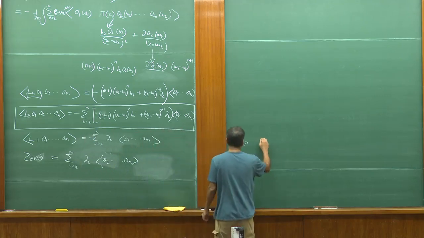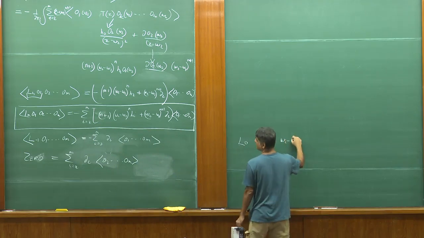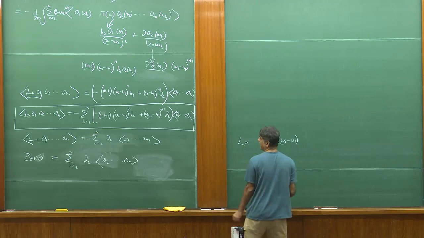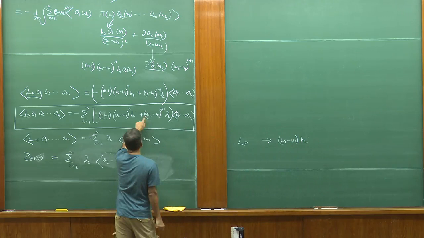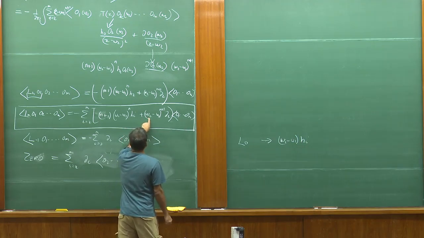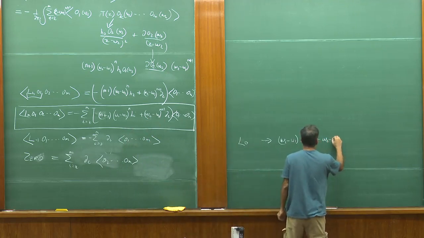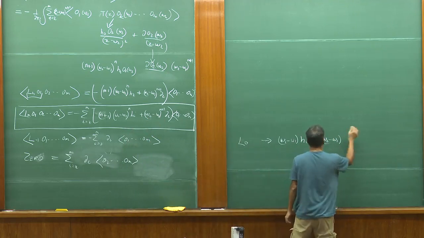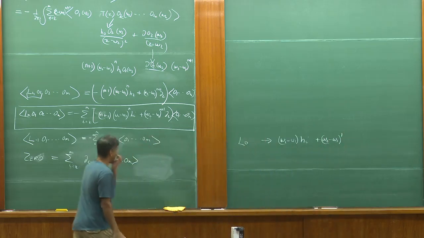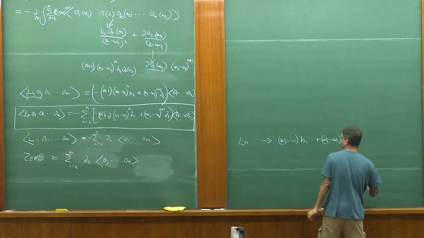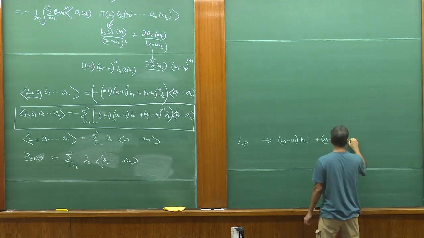So the operator becomes omega I minus omega 1 to the power 1 times h I, plus omega I minus omega 1 to the power 1 times del I.